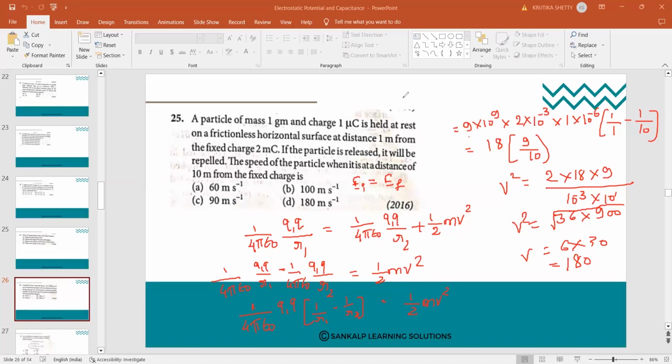If you have copied down, I'll go for the next question. Okay, the next question, I'll clear it. Okay, 180 comes. Option D is the correct answer.